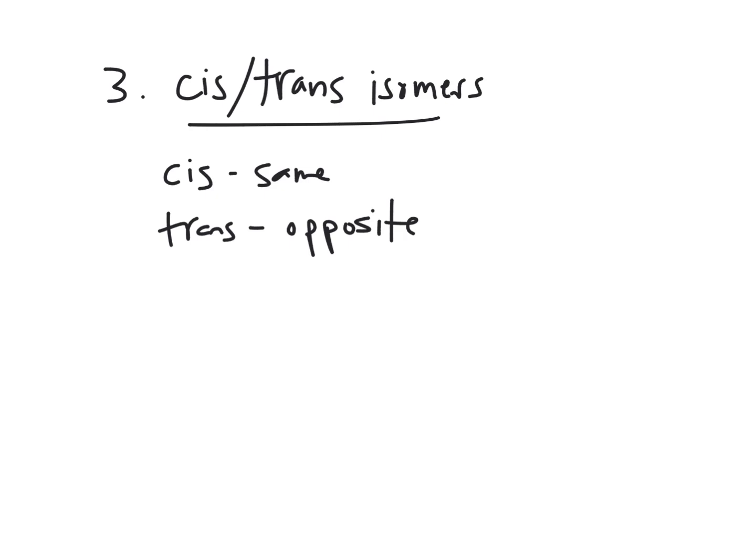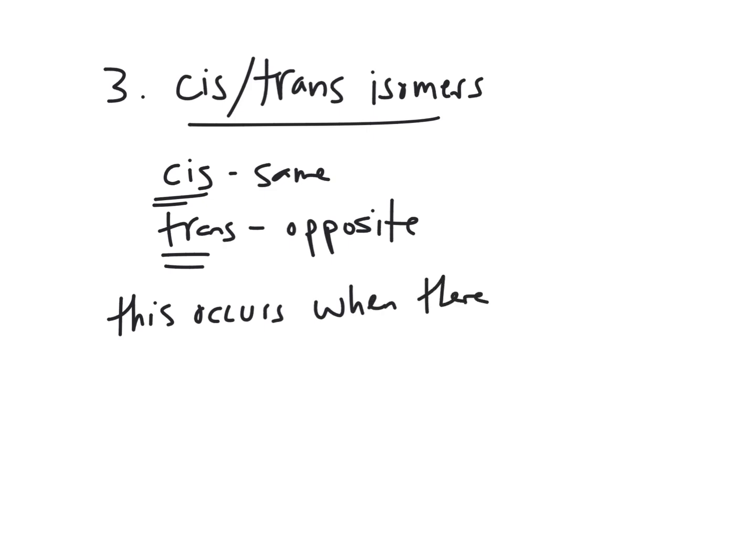What we see in cis-trans isomers is the use of the prefix cis when the larger groups are on the same side of a molecule, and the term trans when the larger groups are on opposite sides of the molecule. This occurs in molecules with restricted rotation, and we'll talk about what that means in a minute.